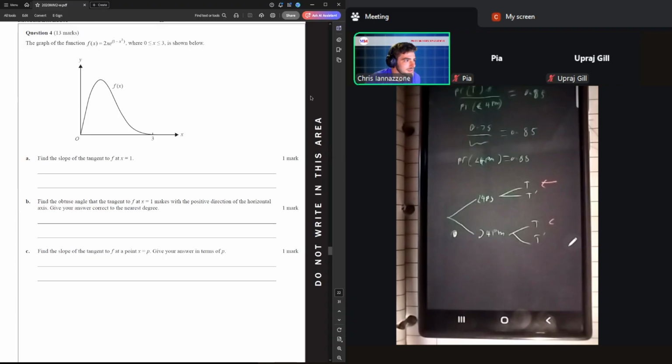Okay, next up, question 4. Slope of tangent at x equals 1. That's a freebie. Who's got that one going?